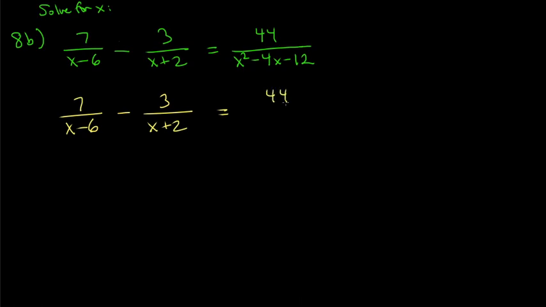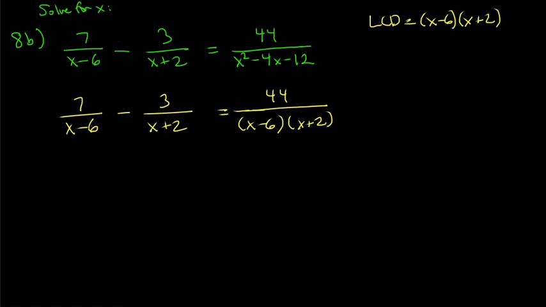So notice the left side can factor as x minus 6 times x plus 2, and that's important. So that is our LCD. The least common denominator on both sides is x minus 6 times x plus 2.